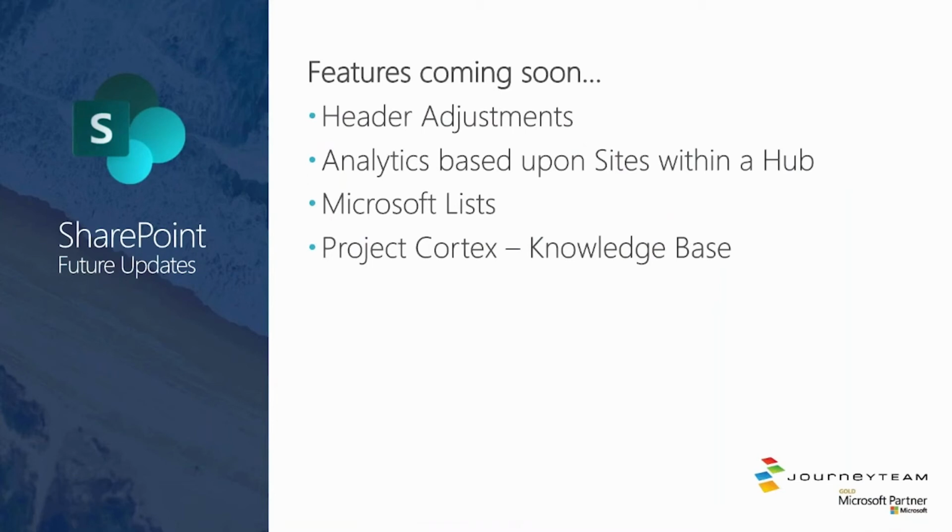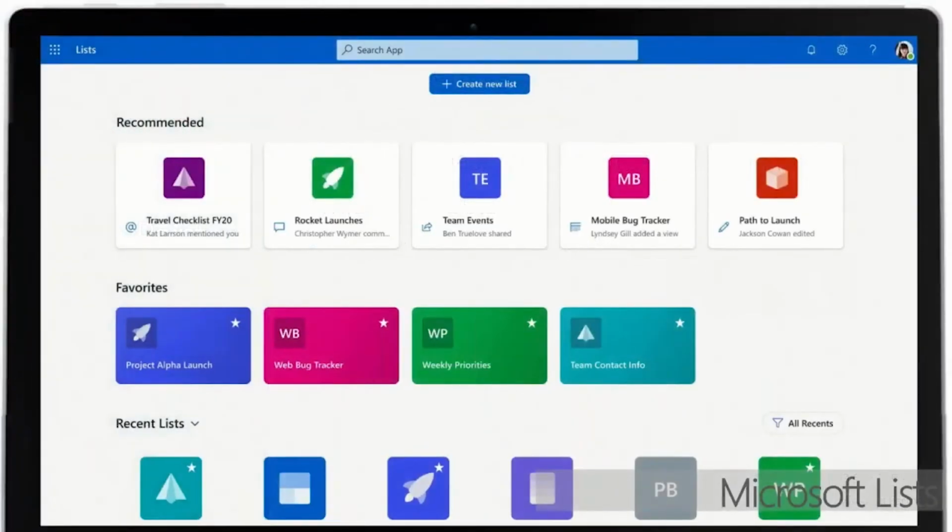All right, future things coming. Headers are changing in SharePoint. We're getting analytics on hub sites. Microsoft Lists, which is kind of like a quasi new app kind of capability, and Project Cortex. And I'll just touch on them really briefly, just to show you guys some eye candy. So first off, Lists is getting really, really powerful. And I'm really excited about this.